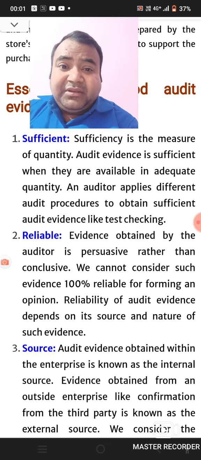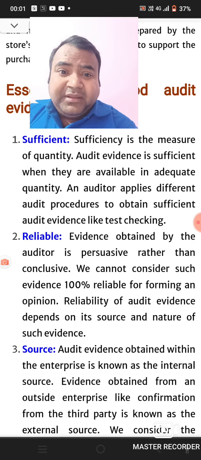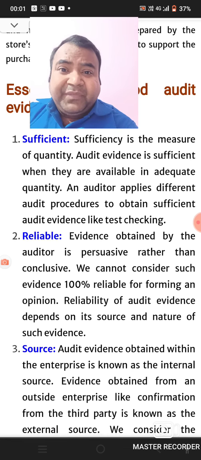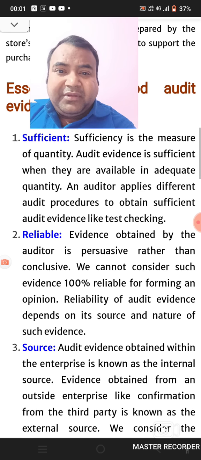So sufficiency is very important. If any fraud has been done in a particular month, we have to make sure that sufficient evidence is collected by the auditor for that whole month, so that he can easily form his opinion.